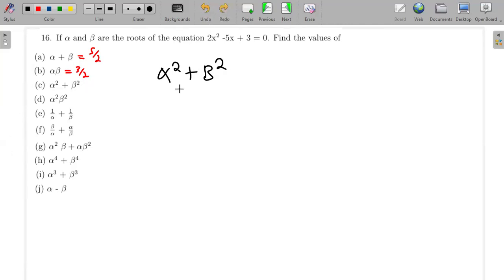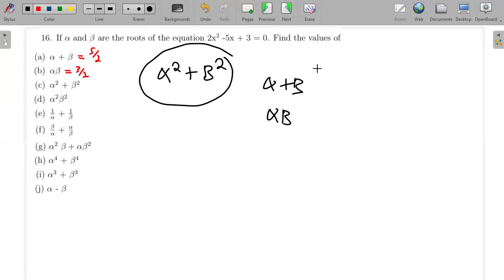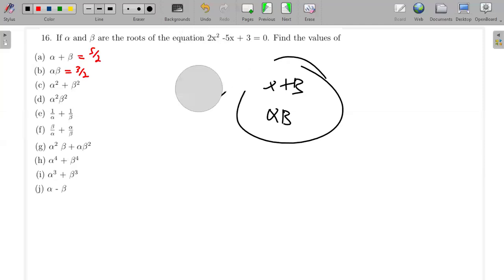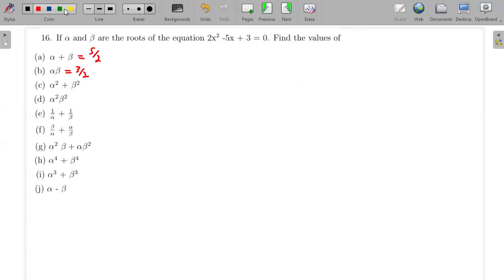We mean that we're going to change this expression to have alpha plus beta and alpha multiplied by beta, because these are the values that we can find directly, and we already have them. Once we express this in terms of alpha plus beta and alpha multiplied by beta, we can just replace them by the numbers.